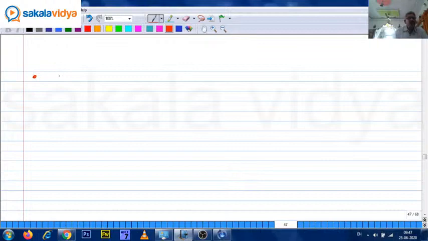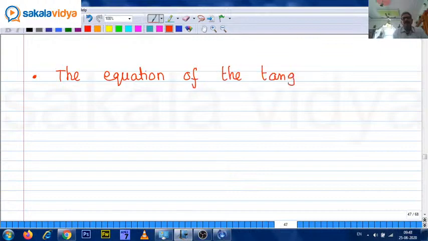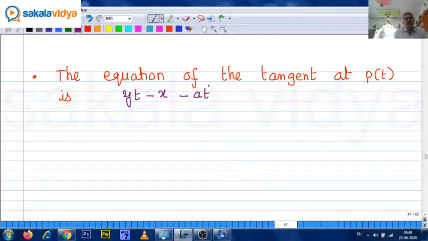The equation of the tangent at P of t is yt minus x minus at cube equal to 0.